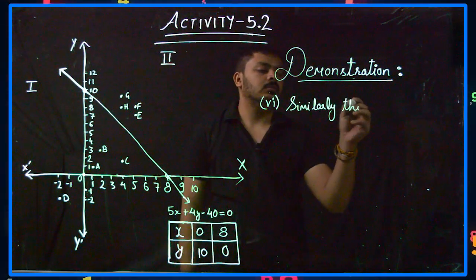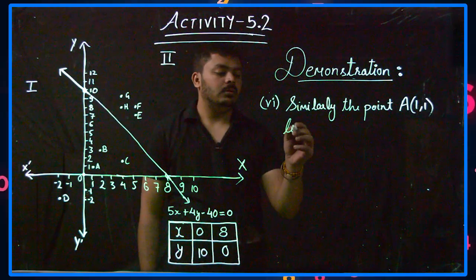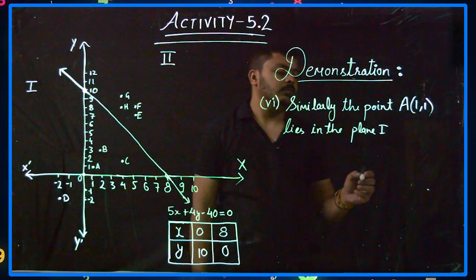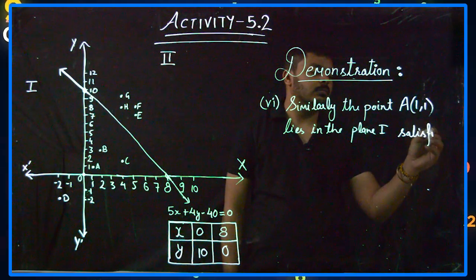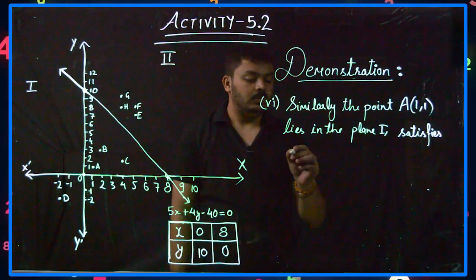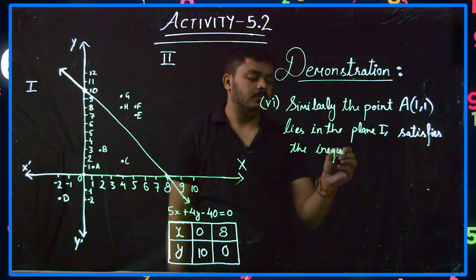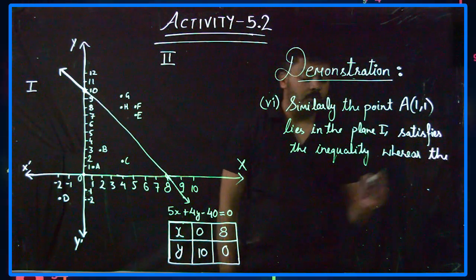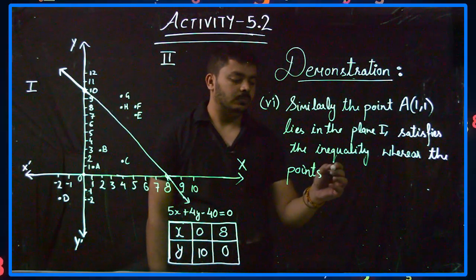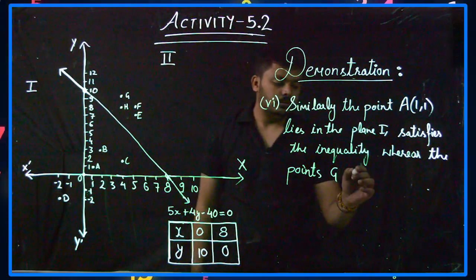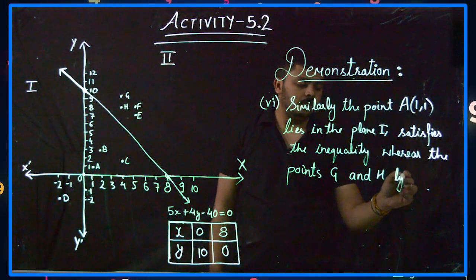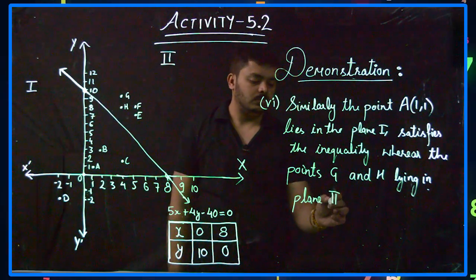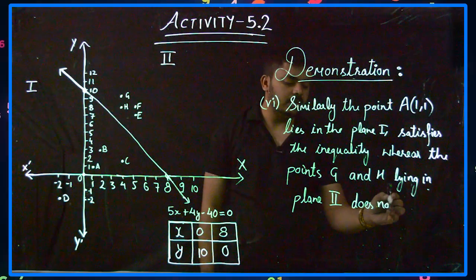Similarly, the point A (1, 1) lies in the first half, that is plane 1, and satisfies the inequality, whereas the points G and H lying in plane 2 do not satisfy the inequality.